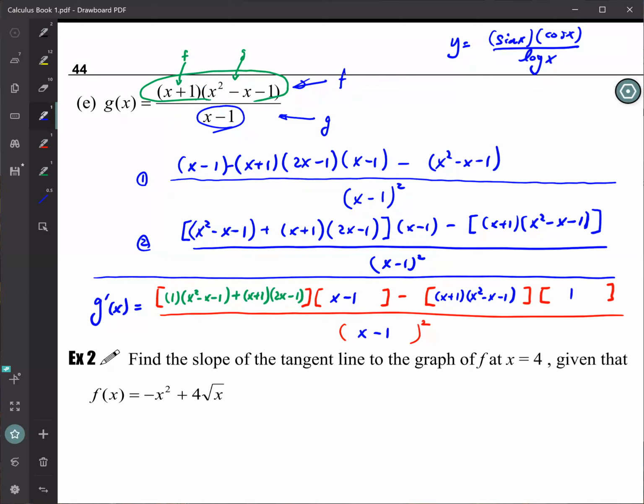Yeah, the red bracket is the f prime g minus f g prime. And then the whole green part is about the numerator prime, which needs product rule. So the green part is showing the product rule. Do you see it? Oh, yeah. I get it now.